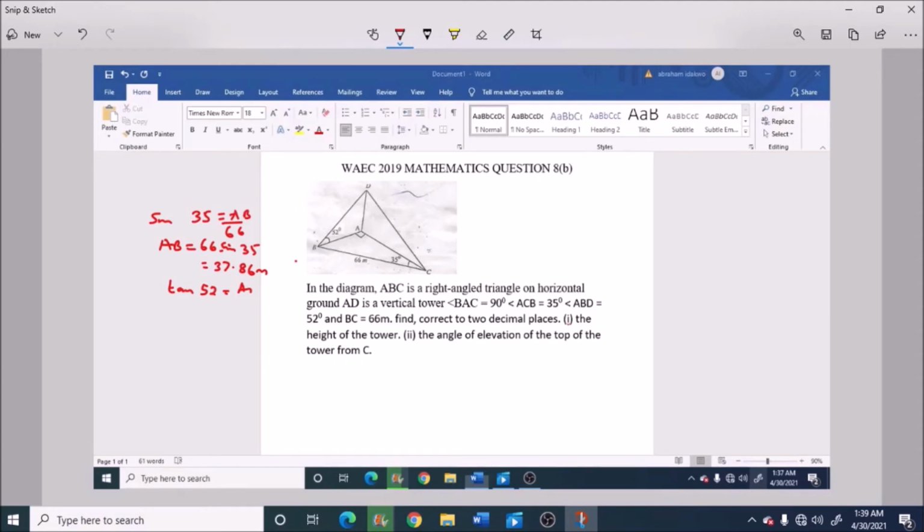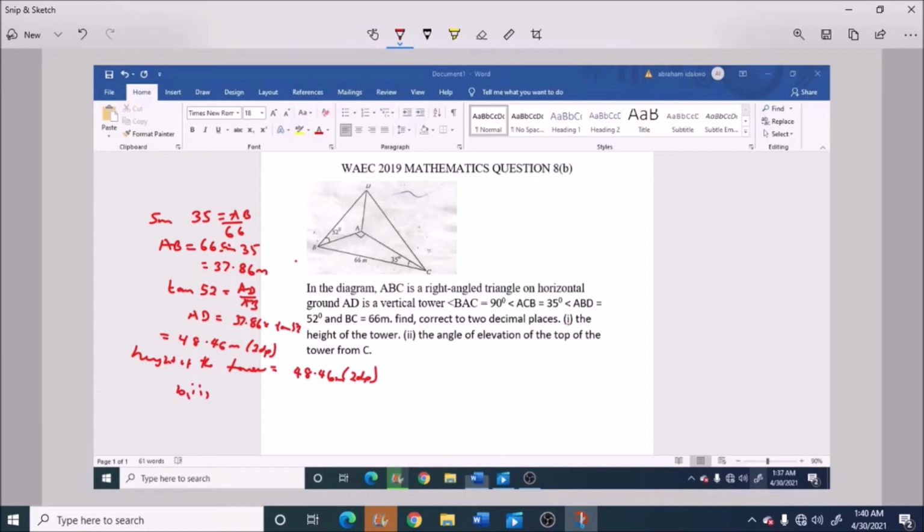Okay, now the height of the tower is equal to 48.46 meters to 2 decimal places. All right, now the B part of the question, Roman figure 2.